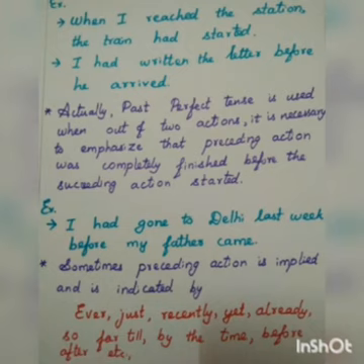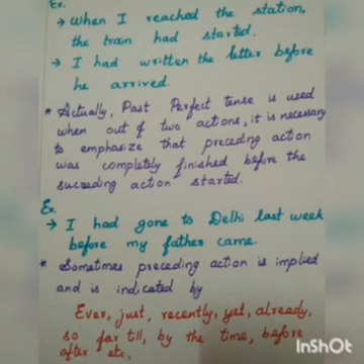If two actions happened, the action that happened first comes in past perfect and the action that happened second takes simple past. Okay, come to the second sentence. I had written the letter before he arrived.